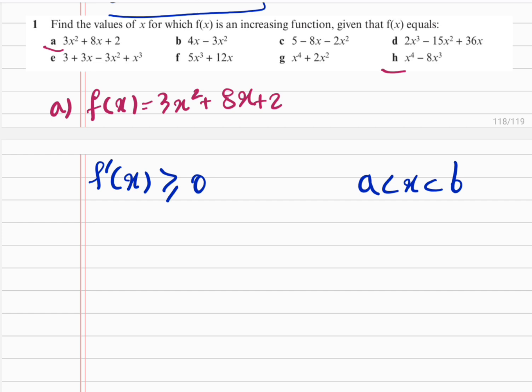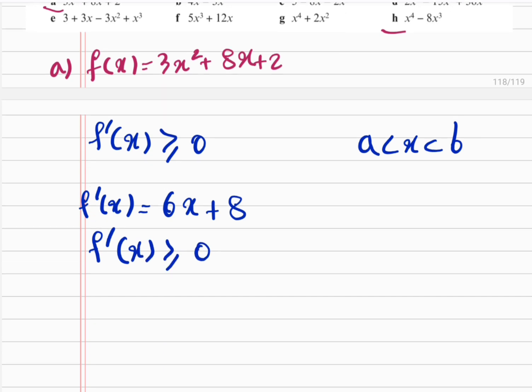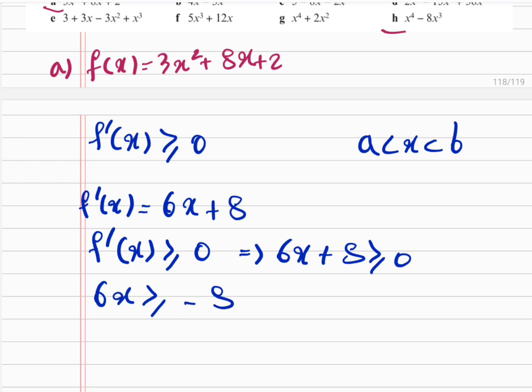So in part A, this means we first need to find the first derivative. So the first derivative is equal to 6x plus 8. Okay, now we want to solve this inequality that f dash x is greater or equal to 0, which means 6x plus 8 is greater or equal to 0, and then this is equal to 6x is greater or equal to minus 8.